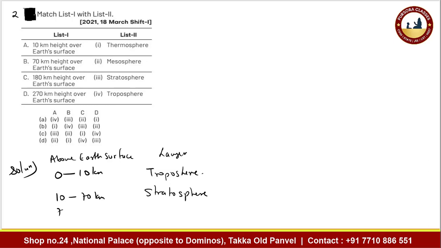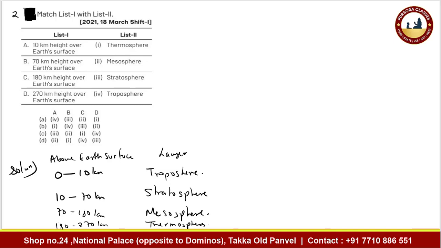Then from 70 to 180 kilometer we have the mesosphere, students. And the last layer that we have, above 180 to 270, is the thermosphere, in which there are ions that are forming. Okay, so in the thermosphere there are ions forming. It is also called the ionosphere.